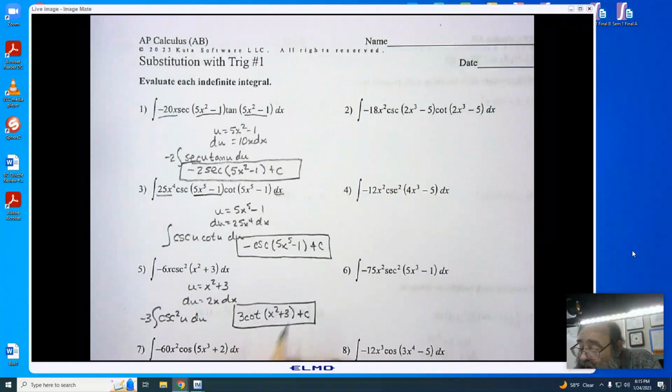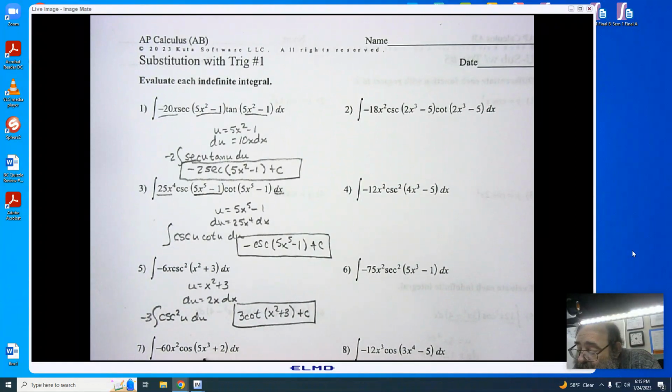Then, number 7, we're taking a look at this, and we're taking the 5x cubed plus 2 as my u. That means that du is going to be 15x squared dx made into a differential, and that means that I'm going to factor out that negative, and I should have a 4.